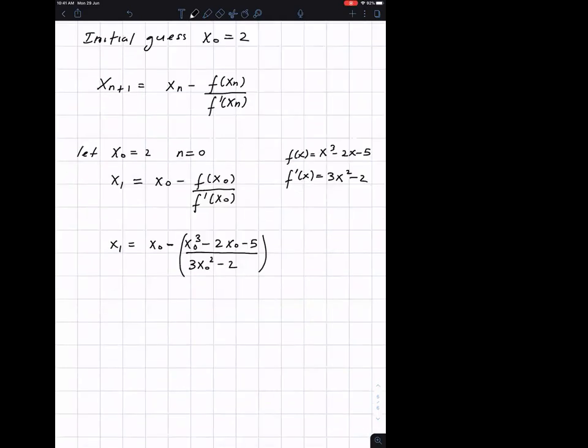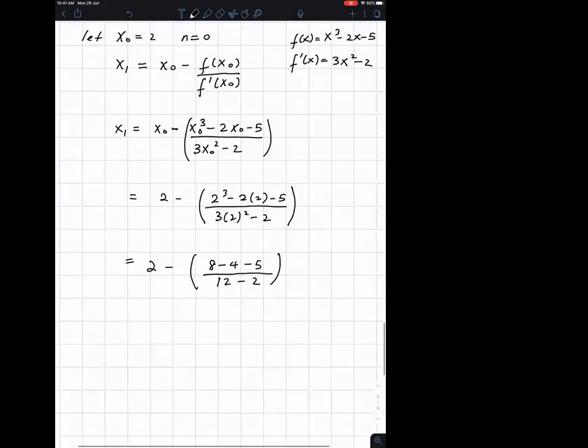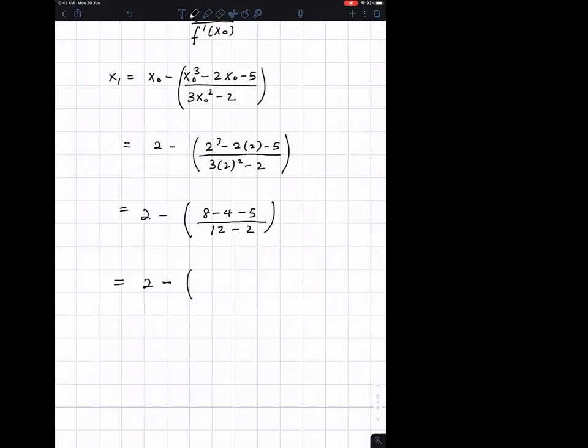You can plug in the x. With x equal to 2, 2 cubed is 8, then 8 minus 4 minus 5. 8 minus 9 is minus 1, so minus 1 over 10. 2 plus 1 over 10 is equal to 2.1.